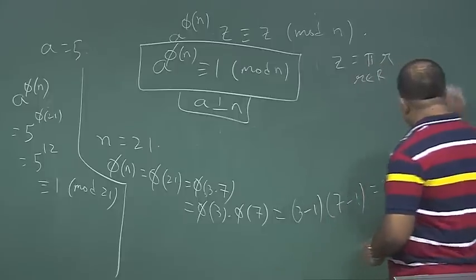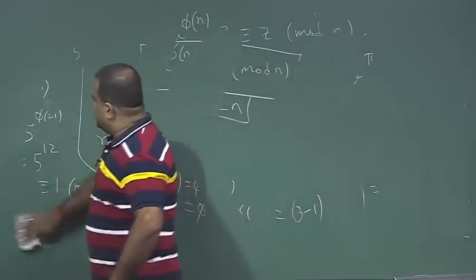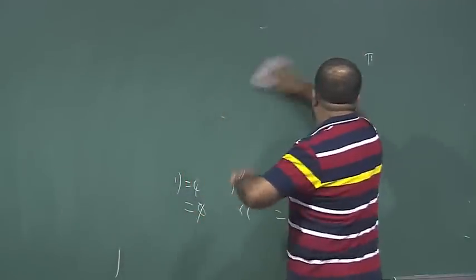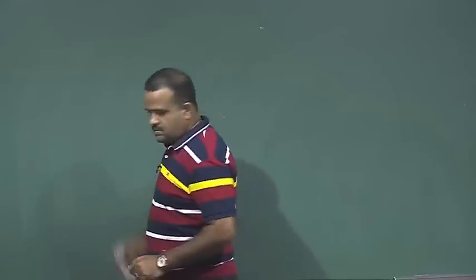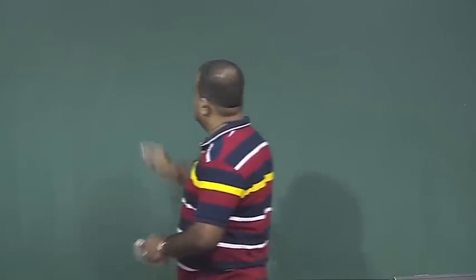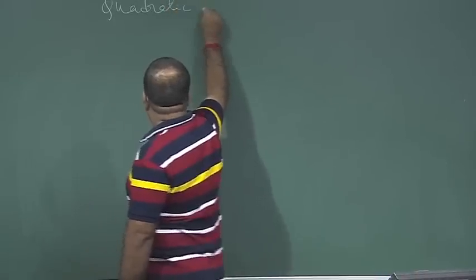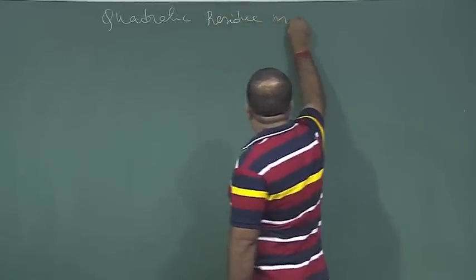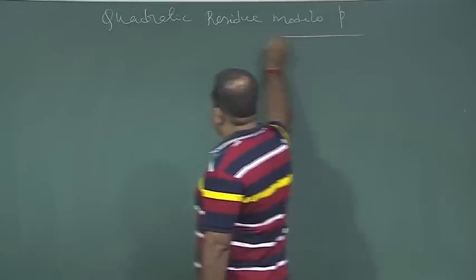Okay, so now we will define what is called a quadratic residue modulo some prime p. So we define the term quadratic residue modulo p, where p is a prime.